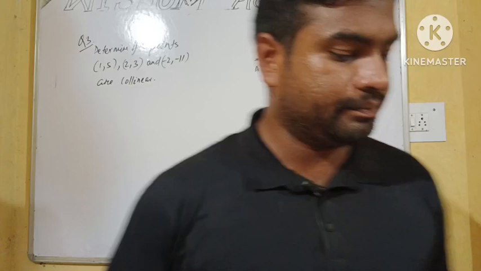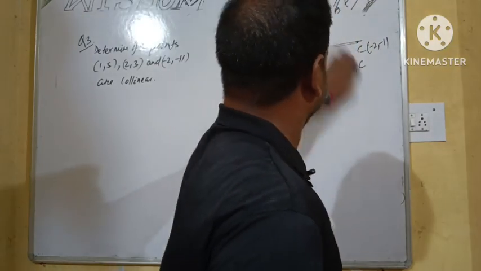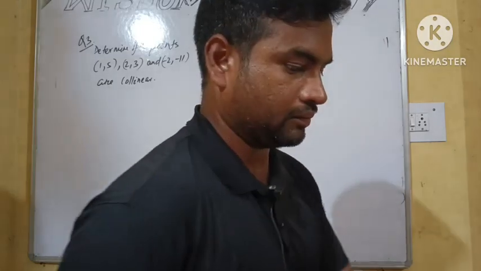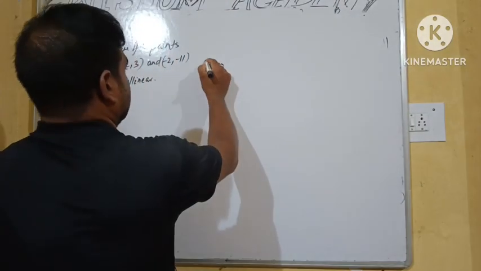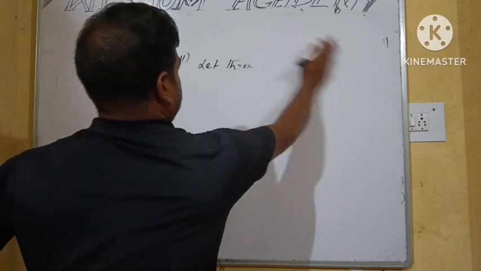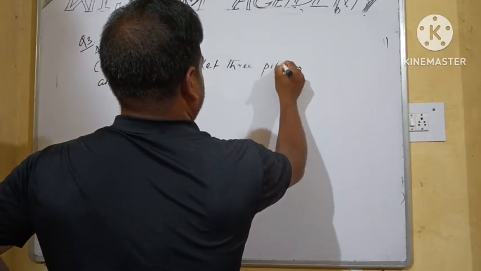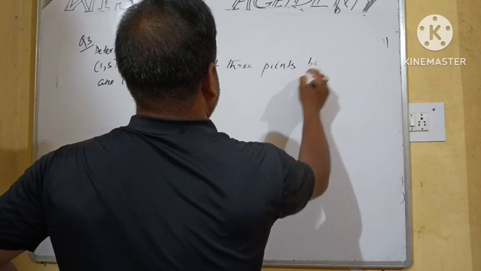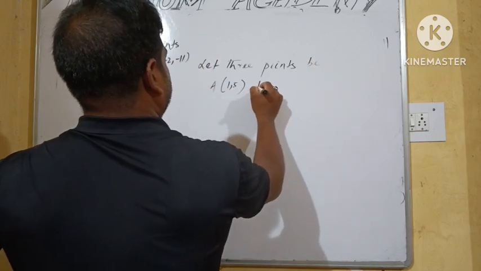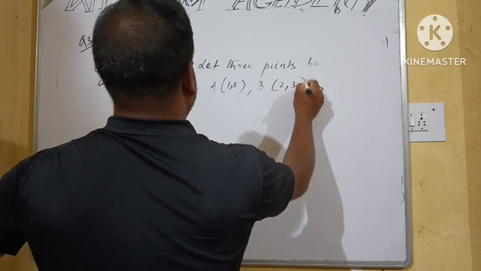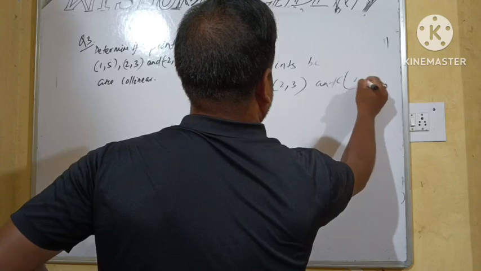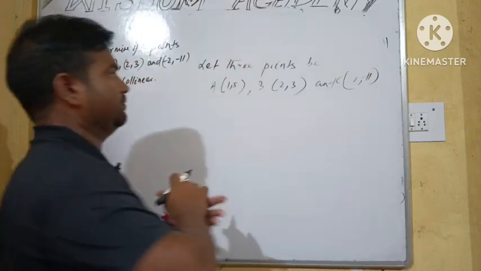Let the 3 points be A (1, 5), B (2, 3) and C (-2, -11) respectively.